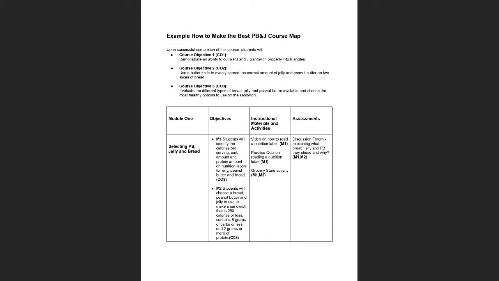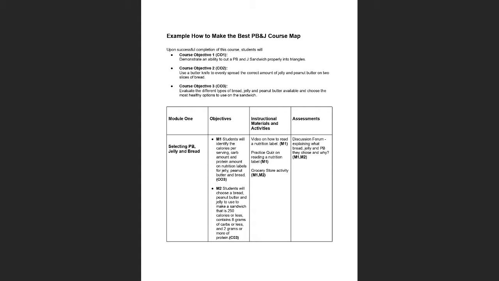And then you notice how we numbered these: CO1, CO2, and CO3. We decided that we would concentrate on our first module, which was selecting the peanut butter, the jelly, and the bread. And we then came up with, in our example, 2 module objectives.